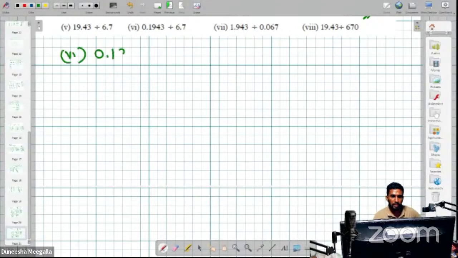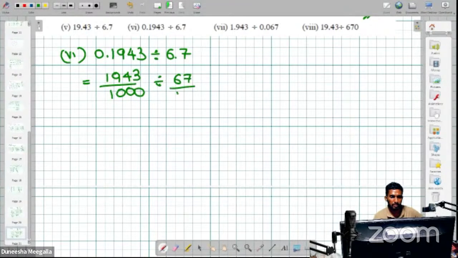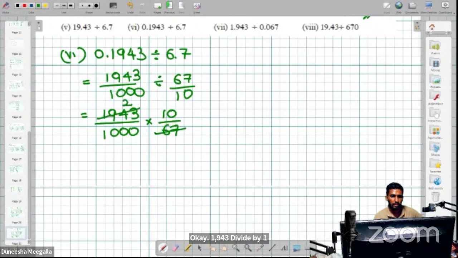Six and 0.1943 divided by 6.7, okay. We can write 1943 divided by 1000, divided by 67 over 10. 1943 divided by 1000 multiplied by 29 divided by 100.